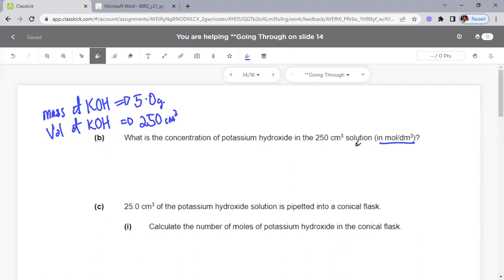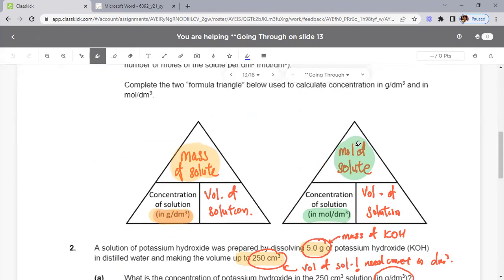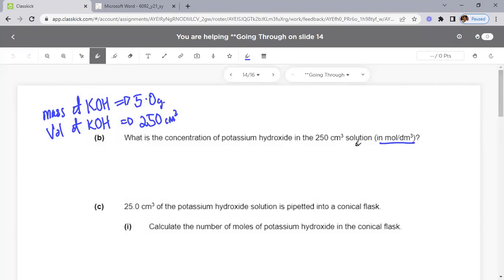So I know that if I want to find concentration in mole per dm cube, if I go back to the previous one, I need the mole of the solute. So how to find the mole of solute? I've got two quantities.